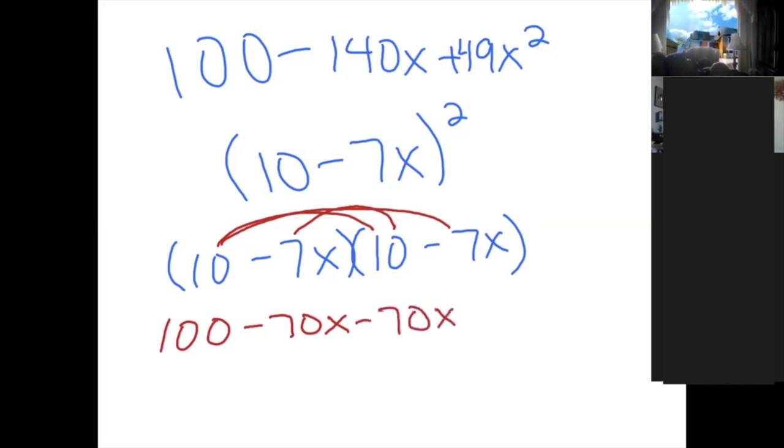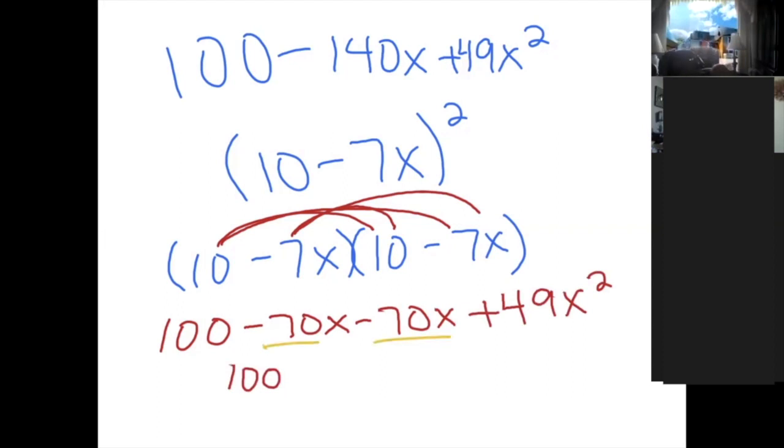And then negative 7x times negative 7x. Positive 49x squared. And so then we would drop that 100 and combine these like terms, and negative 70 minus 70 would give me negative 140x. Drop that plus 49x squared.